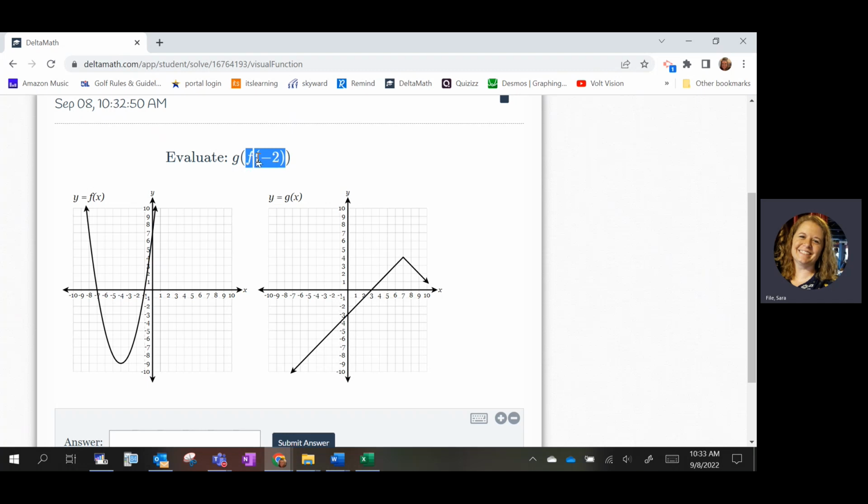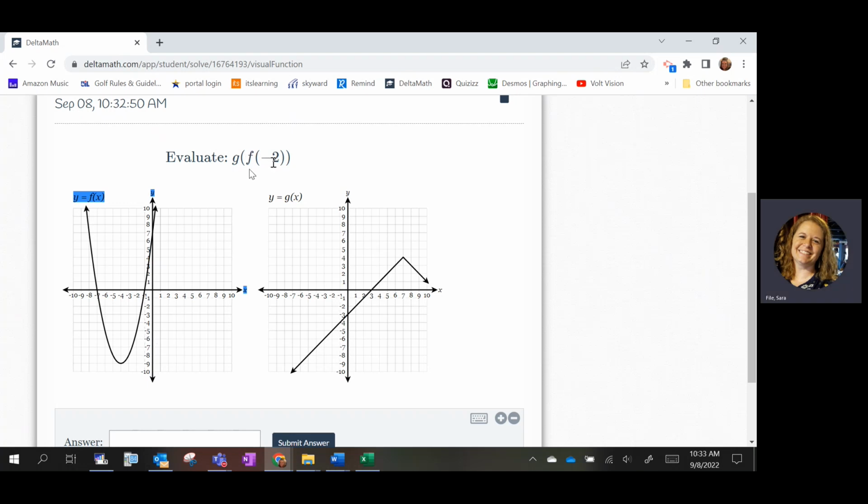So I need to find f of -2. I look at the f graph, over here on the left, for where the input is -2. I look on the x-axis at -2 and find where my graph is, and it's right here. What is that y value?